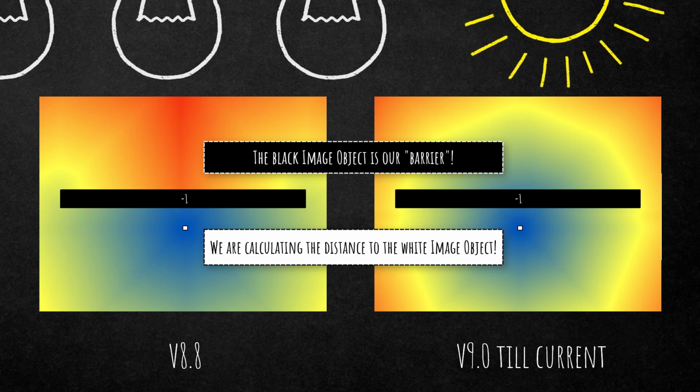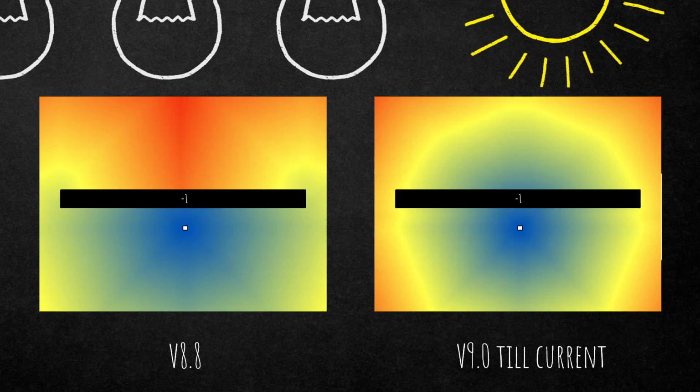And the result looks different, right? On the left hand side, you see that the distance right behind that obstacle is higher, because it has to flow around our obstacle, right? In the latest version, it's simply going through it and you get the direct distance from each pixel to your seed.